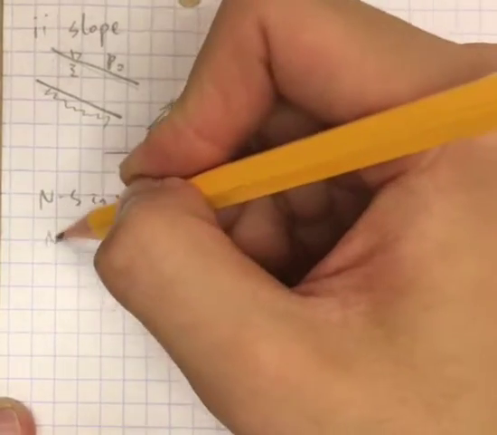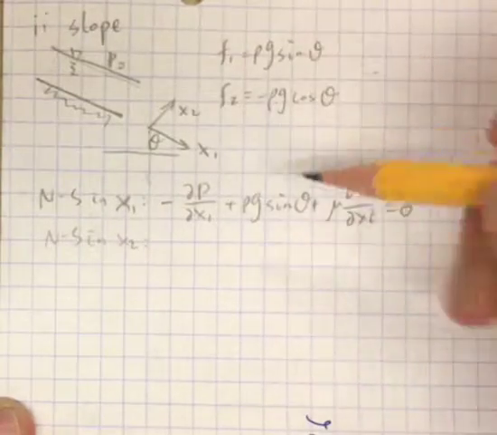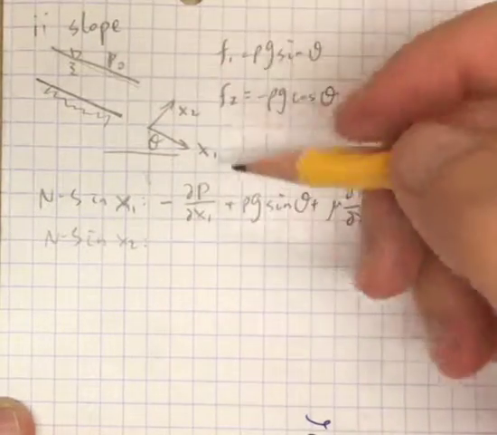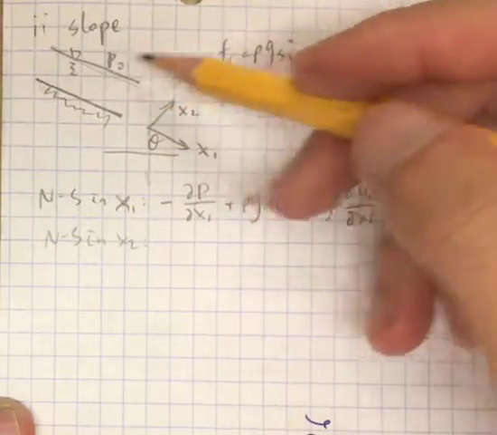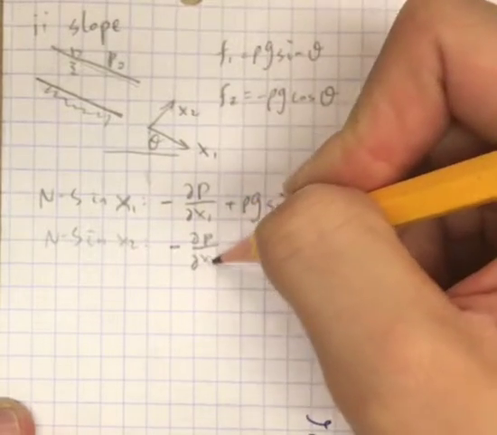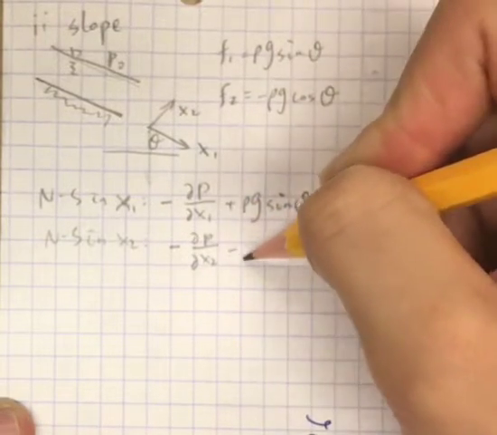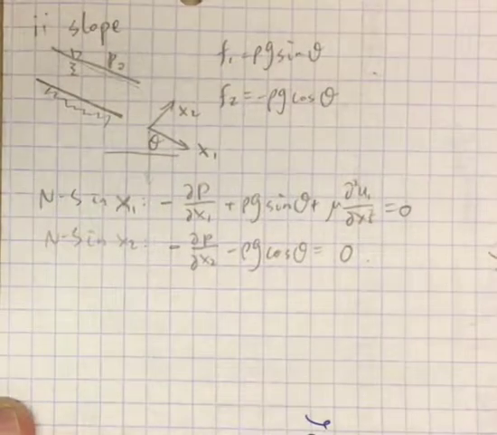Here we can also write out the NS equation in the x2 direction, because we also need to solve for the pressure, okay? We are given a boundary condition regarding the pressure. dp/dx2 minus rho g cosine theta. This thing is 0.